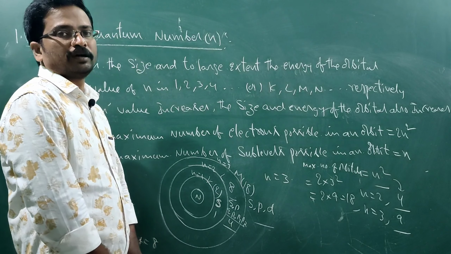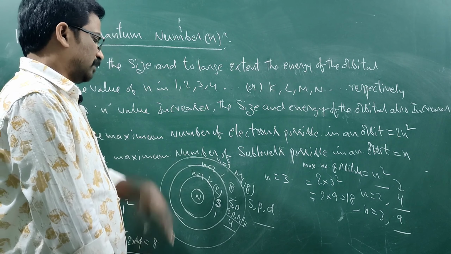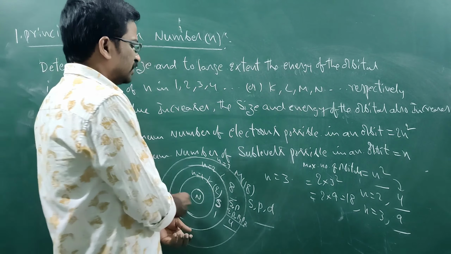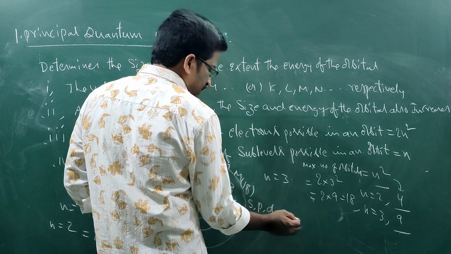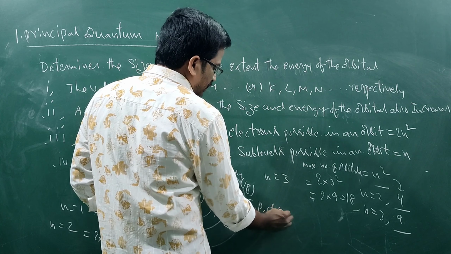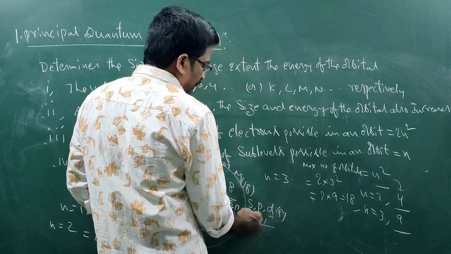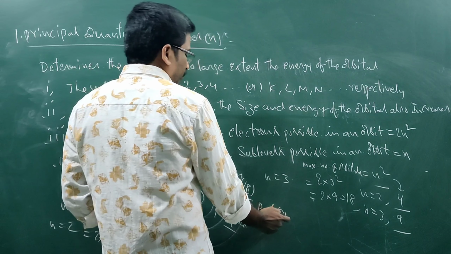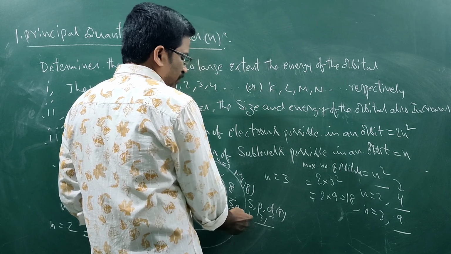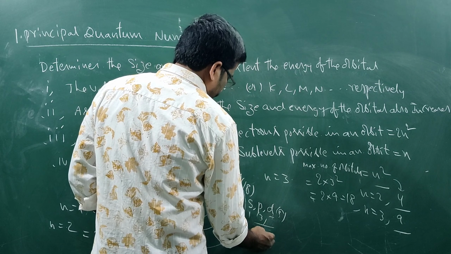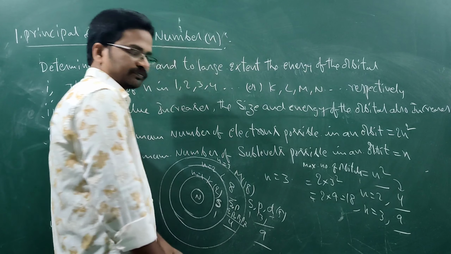The d sublevel contains 5 orbitals, p contains 3 orbitals, and s contains only 1 orbital. So finally, 5 plus 3 plus 1, you can get 9 orbitals. The total number of orbitals is 9.